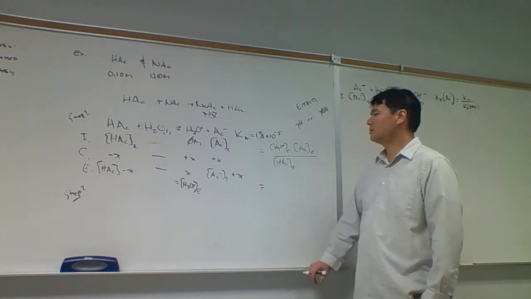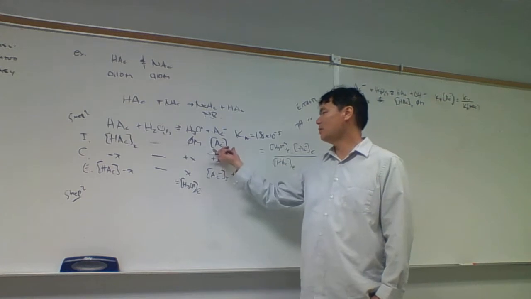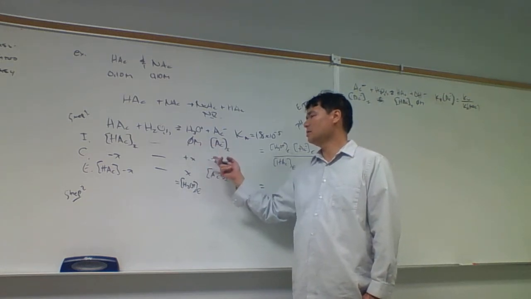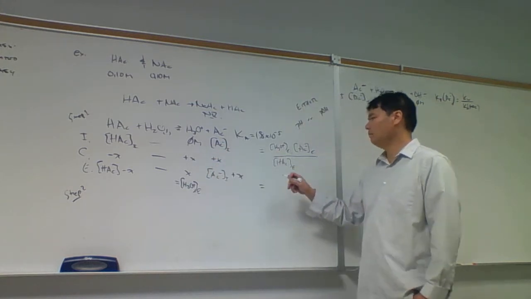And so this is what we're going to do here. This is called the common ion effect. I already have some product here, so I'm not going to have nearly as much hydrolysis, nearly as much reaction as I normally would. And so what we can say is this.